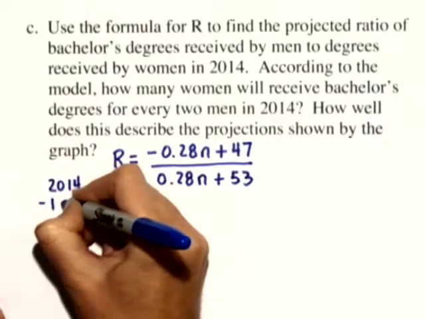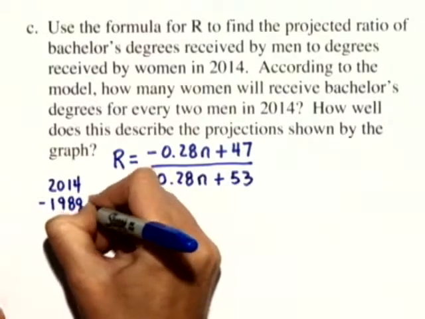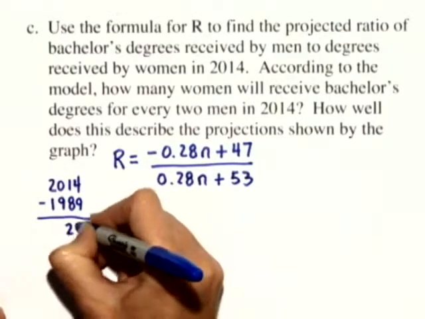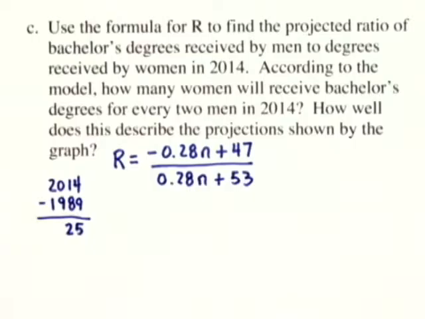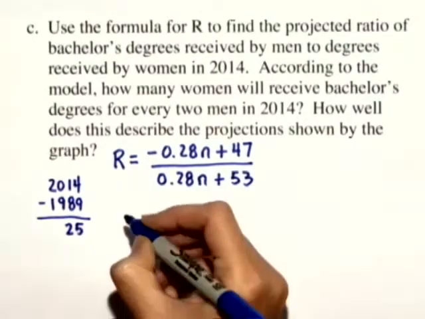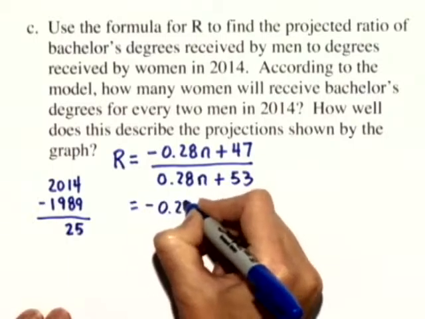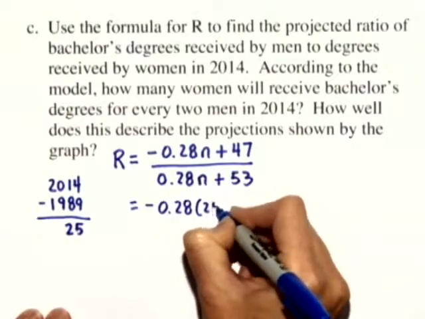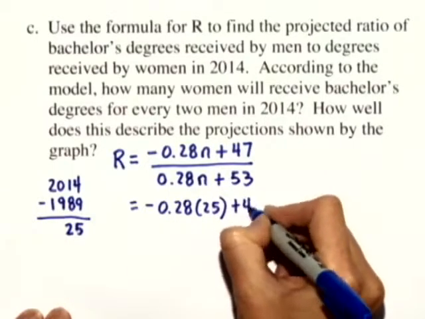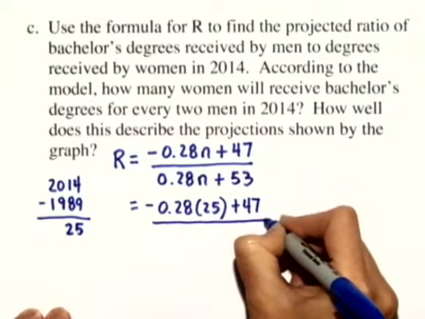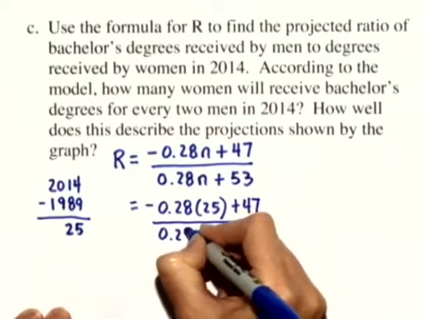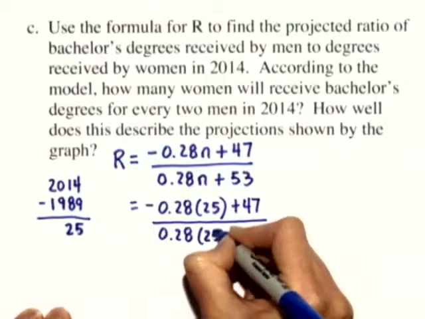If we subtract 1989 from that, we'll get a total of 25 years later. So in this case, n is equal to 25. So we'll substitute in 25 for n. And we'll calculate this ratio. We substitute 25 in again.